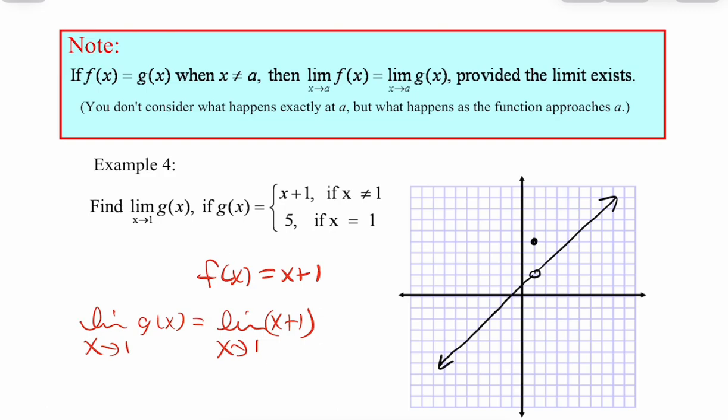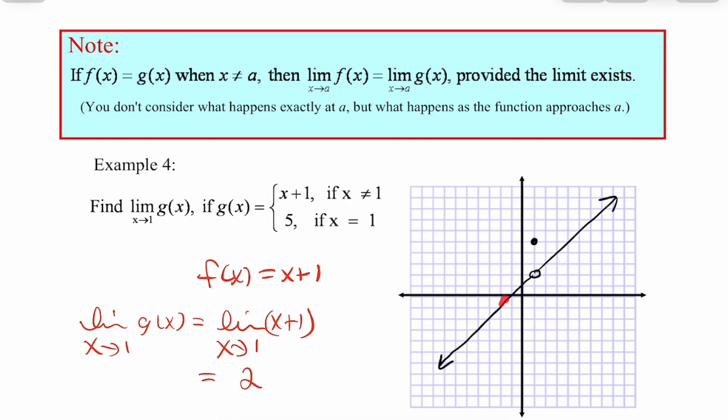We know how to evaluate this limit without even the graph. We can use direct substitution. It doesn't matter that it is defined in a different location. Who cares? A limit is not what we land on, it's what we are approaching. So that's just direct substitution. So that's just 1 plus 1 or 2.